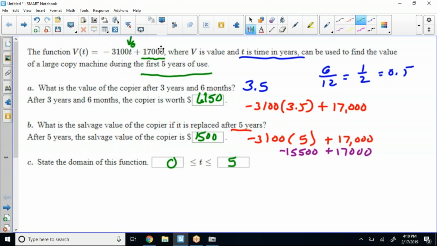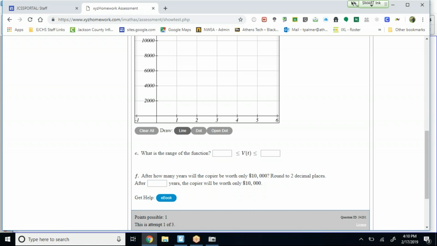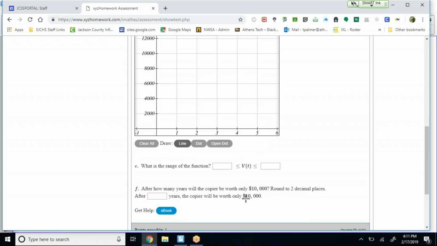That's when time equals 0, right? That's how much they paid for it. Yeah, that makes sense. And that's the range. So let's go here.